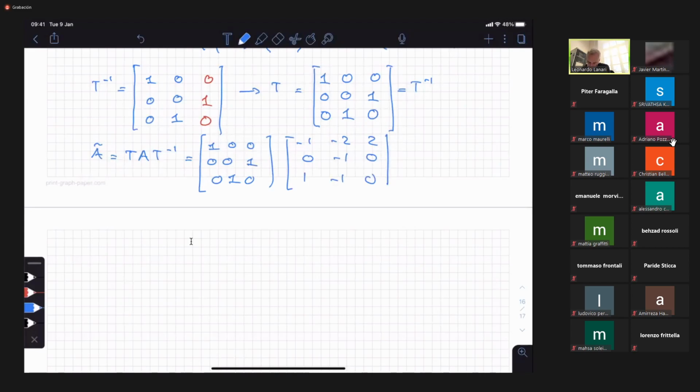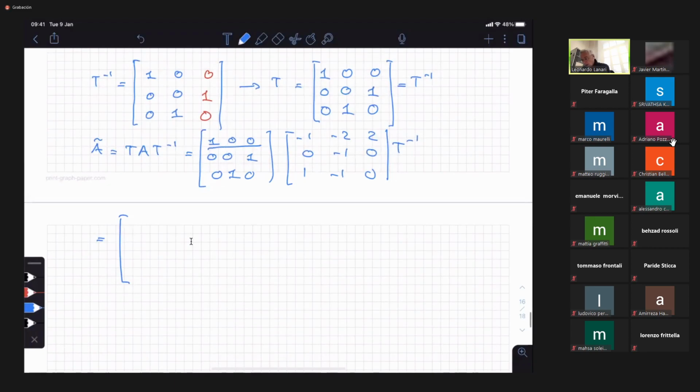And T minus 1, so we have, this first row will give us the first row, -1, -2, 2. The second times A will pick up the third row, so 1, -1, 0.